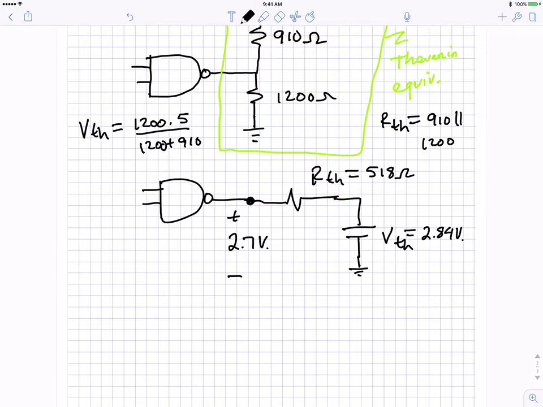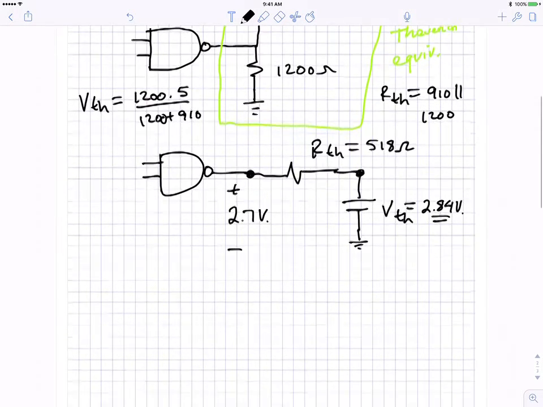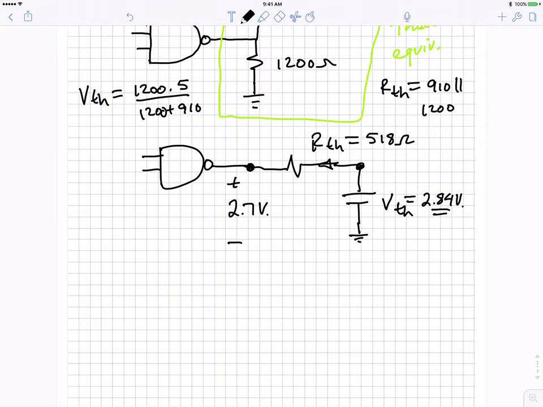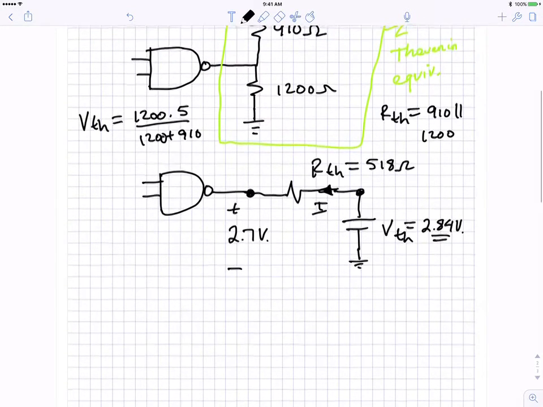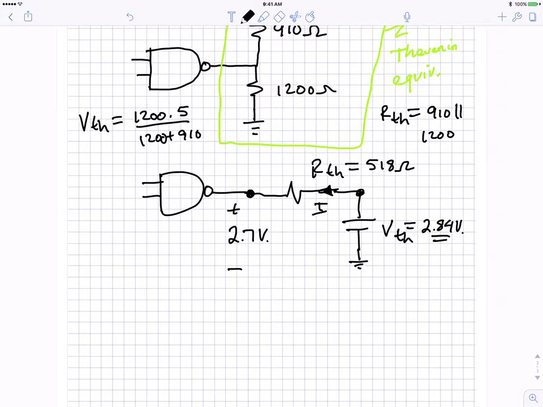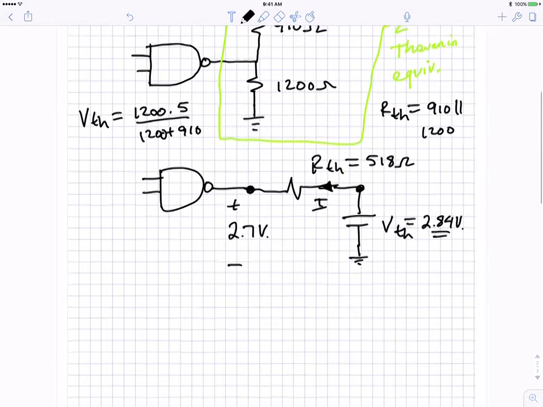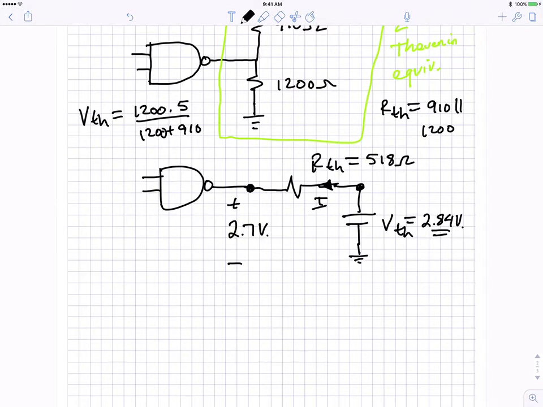So if this is 2.84 at this point, and this is 2.7 at this point, then the actual current goes into the device. And remember, on the output side, we don't have a limit on how much the device can sink. This current's going into the device, so it's sinking it. We have a limit on how much it can source.